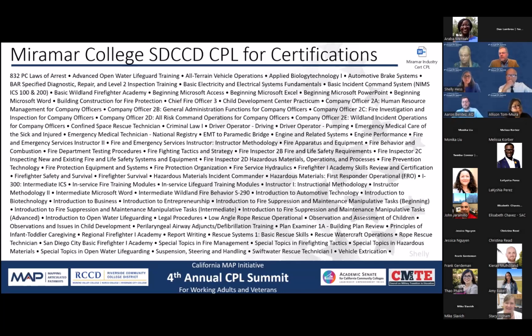But we want to do this based on the expertise of local faculty, because that's where the power is. It's the local faculty that worked on each of these, right, Shelly? Yes, your faculty. And as I mentioned before, it didn't happen overnight. It's just been gradual, and then we continue to add to it.